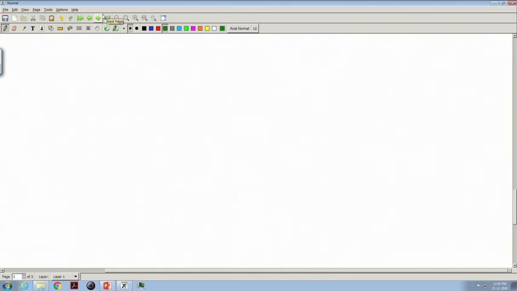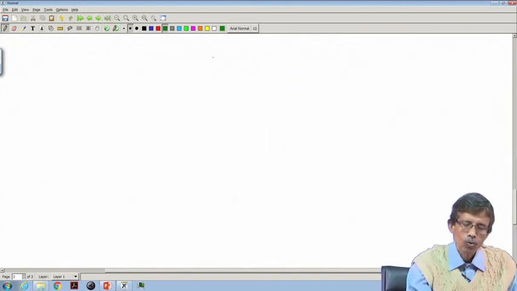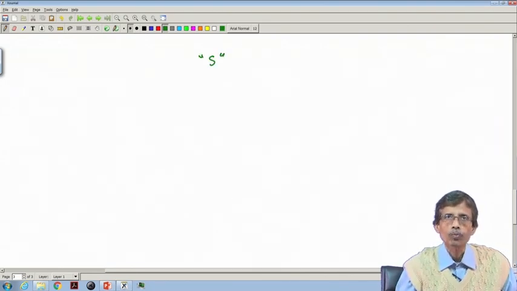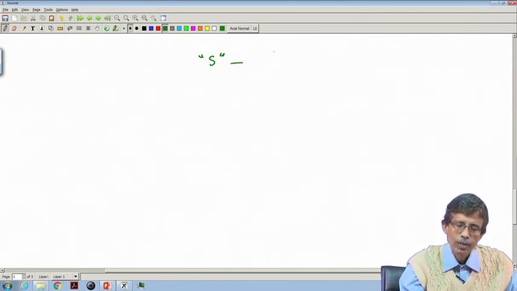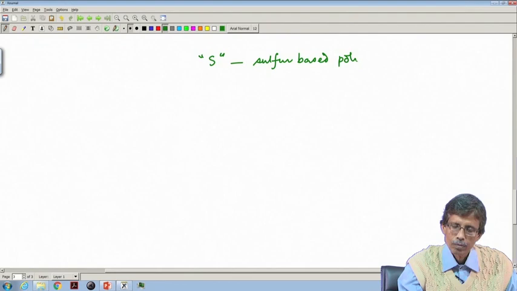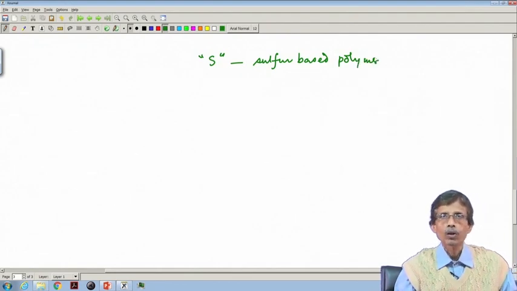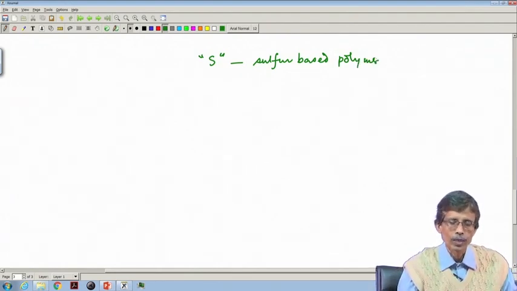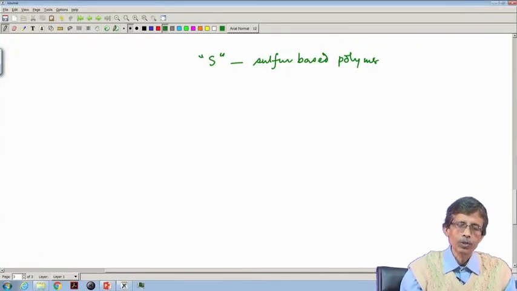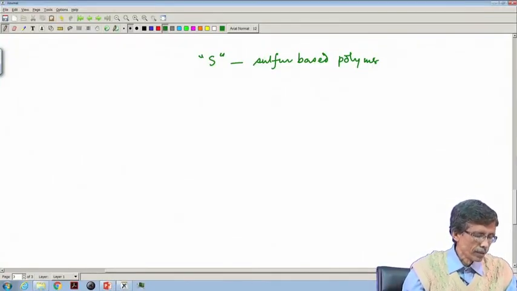That means you have to incorporate sulfur, so it will be a sulfur based polymer. That is why sodium sulphide or sodium polysulphide can be useful in the polymer industry.